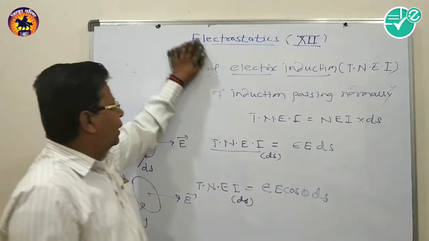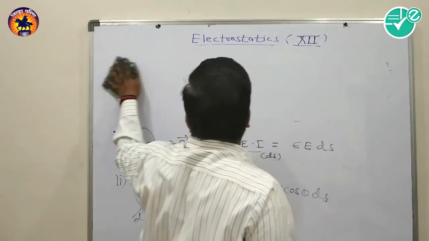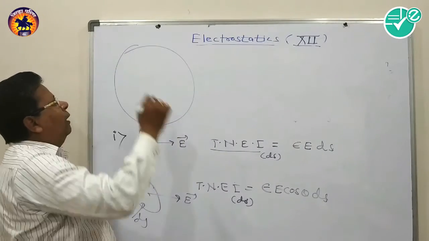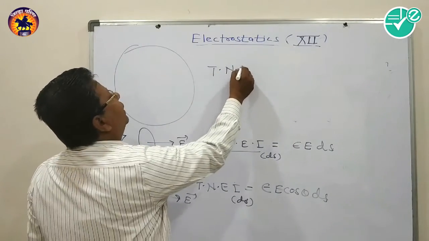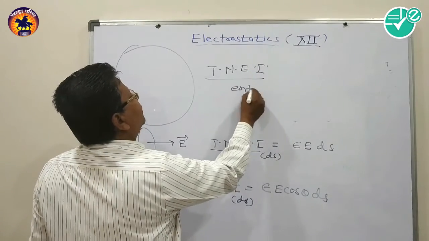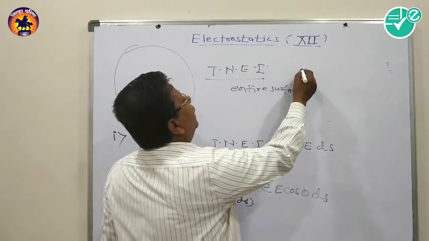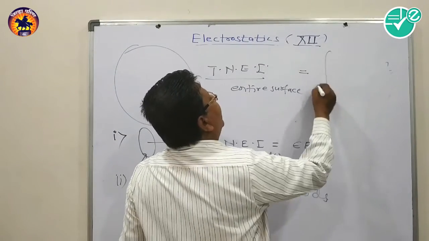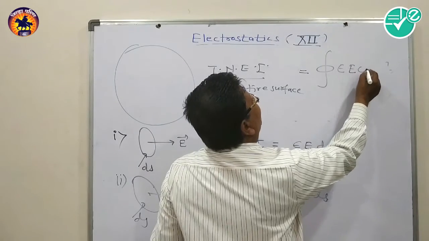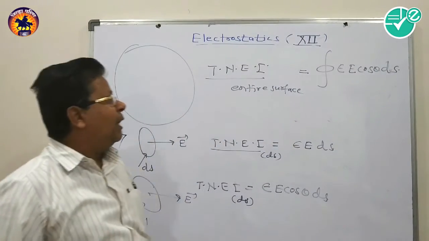If we consider the total surface area or whole surface, then the total normal electric induction for the entire surface is written as the integration over the closed surface of epsilon E cos theta into ds.